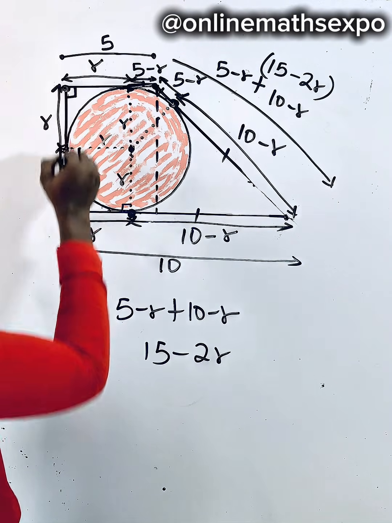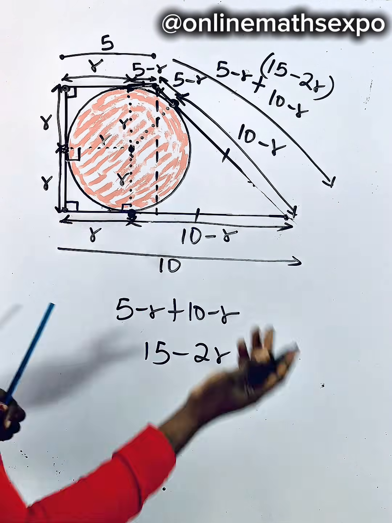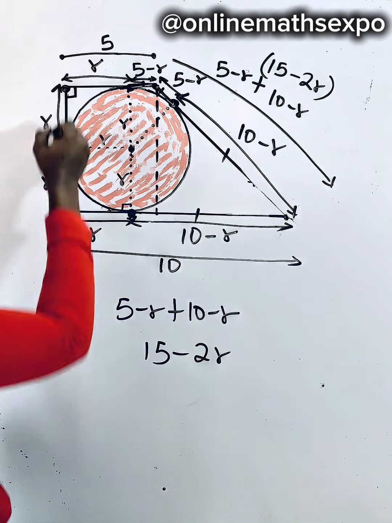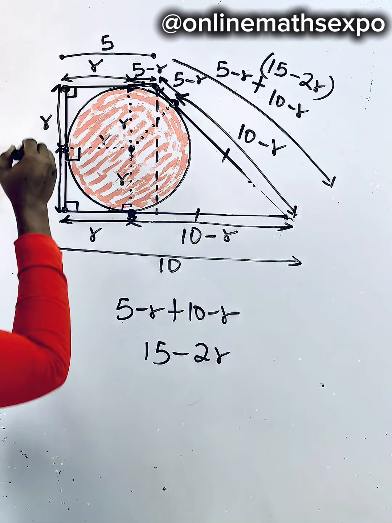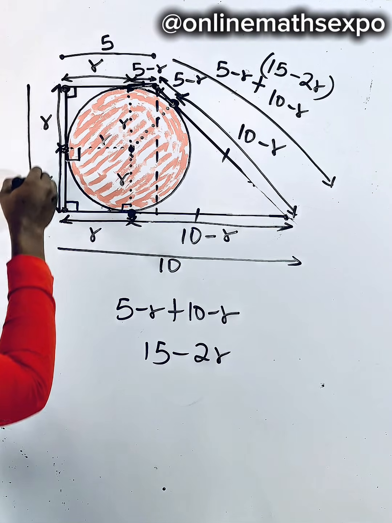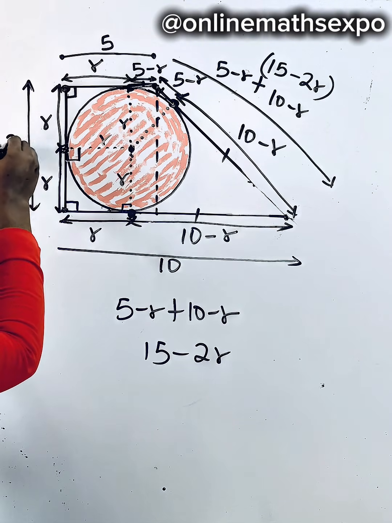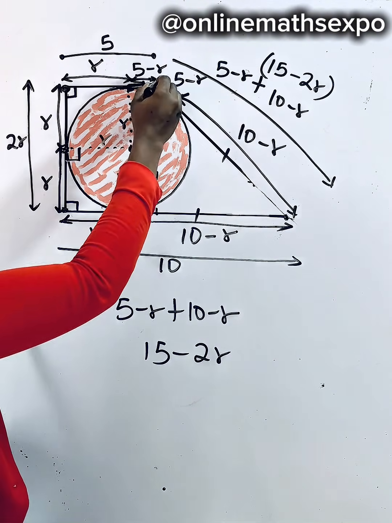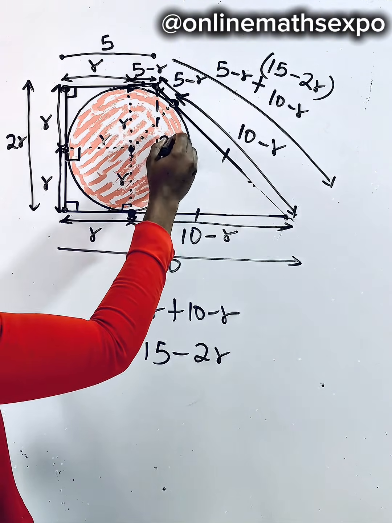And if this line and this line are parallel to each other, remember that from this end to this end is given as r plus r gave us 2r. So it means the total length here is giving us 2r. And these two lengths are equal. So if here is 2r, from here to here will also be 2r.